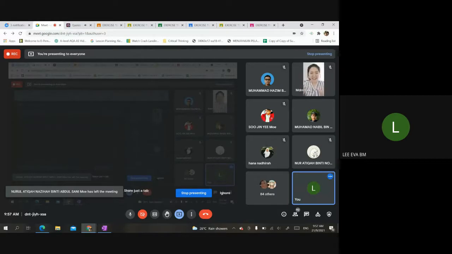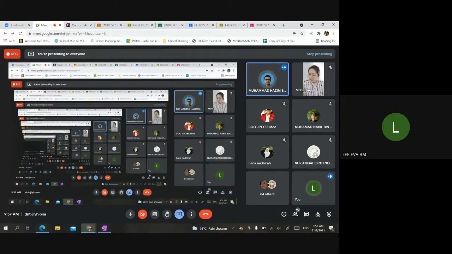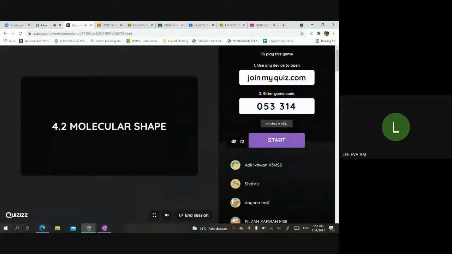Dengar tak? Yelah, dah dengar. Okay. Yes, madam. 72, kita tunggu sekejap lagi, Madam akan ambil masa sikit tau. Boleh kan? Boleh, madam. Madam mulalah. Kesian awak. Okay, we start.